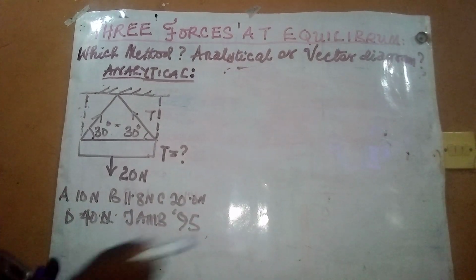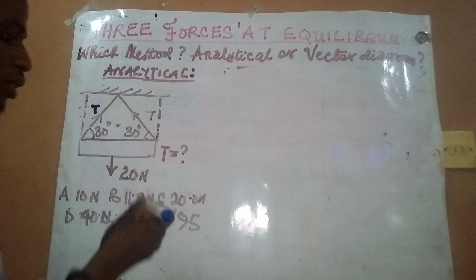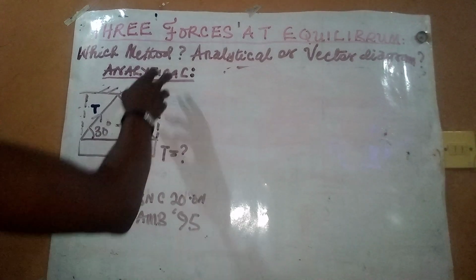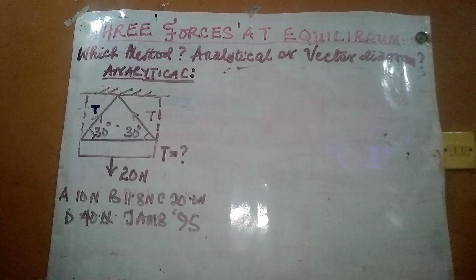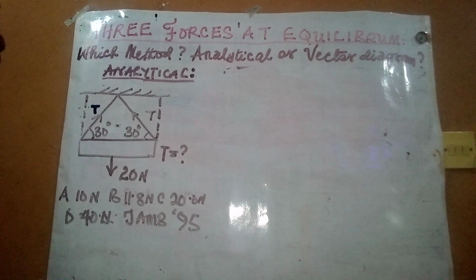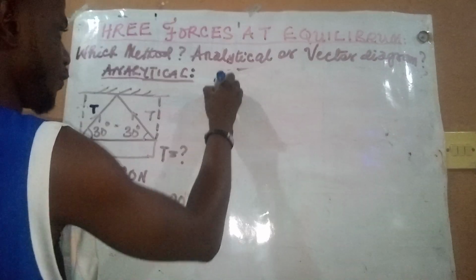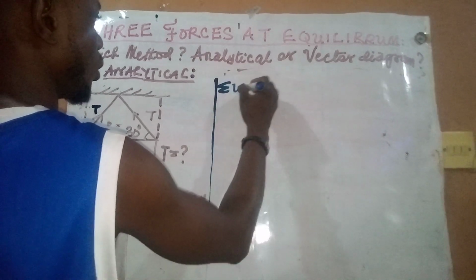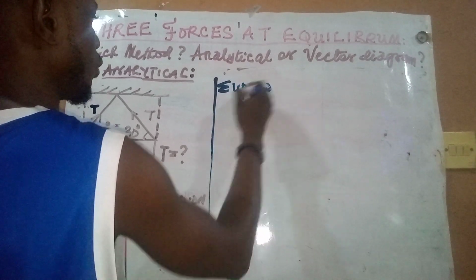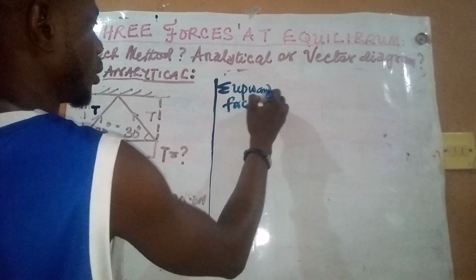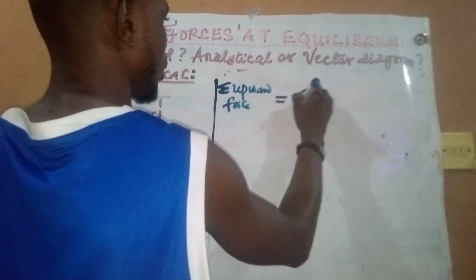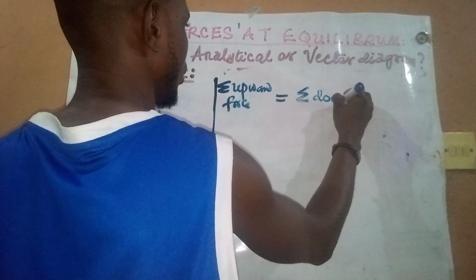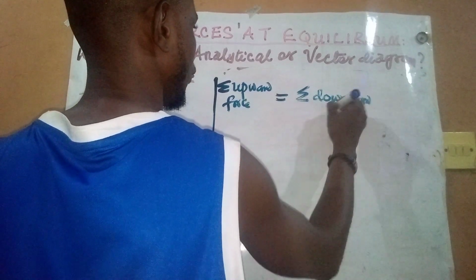Alright, so let's see here. We're starting with the first method, analytical. To do that, we still have to apply the same principle: sum of upward force equals sum of downward force.